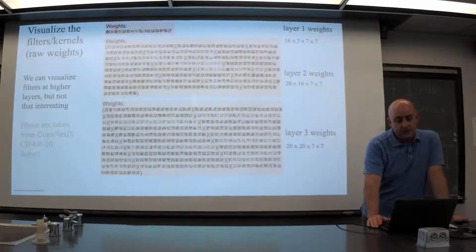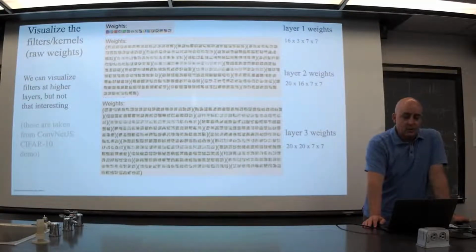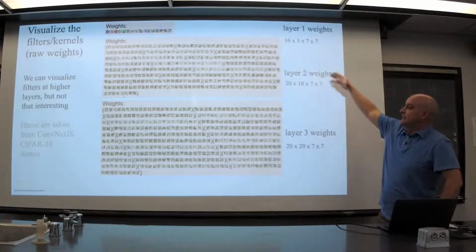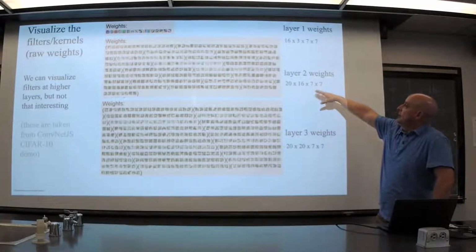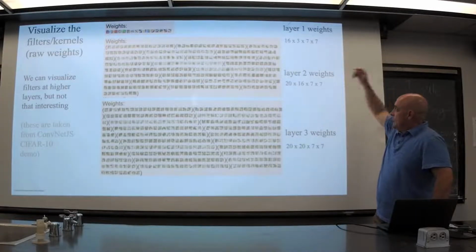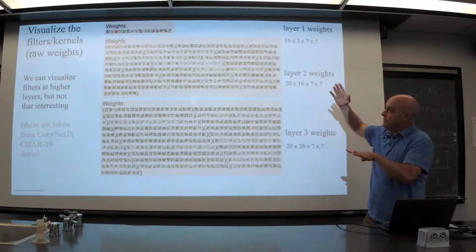So the first thing you could think about doing is saying, well, I could just go to any of the layers and do the same thing, right? If I take a particular convolutional network and look at the filters, there's going to be more than three.